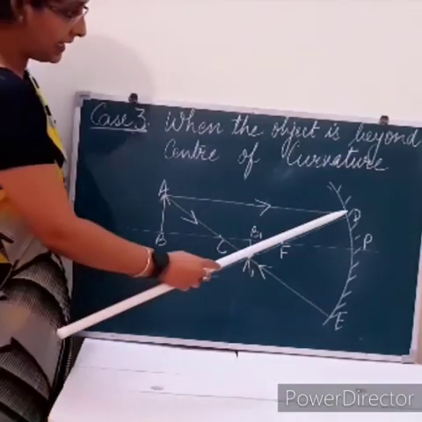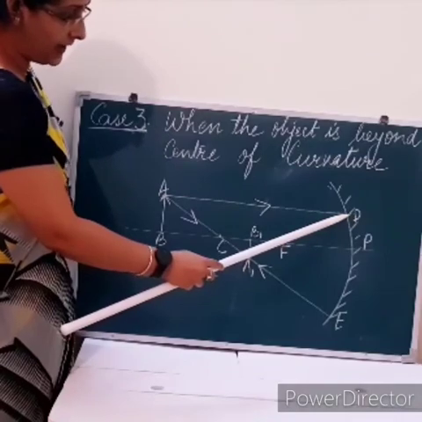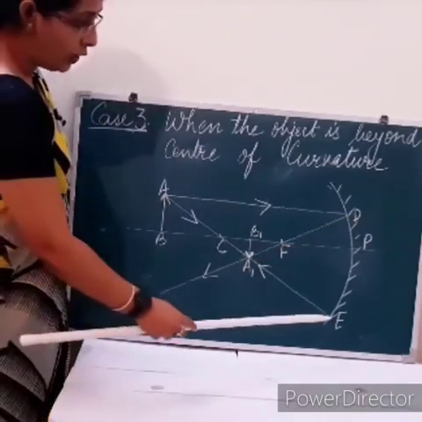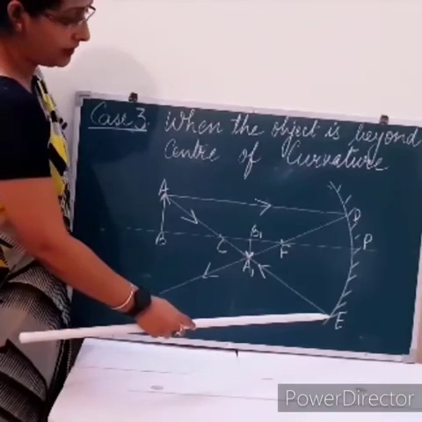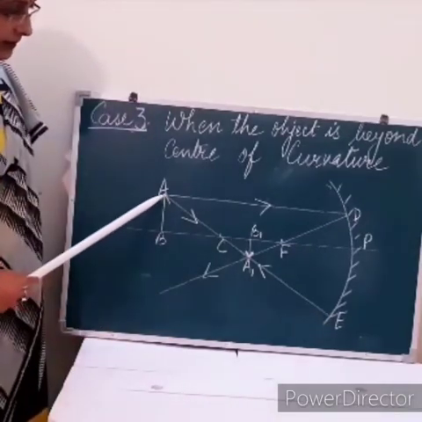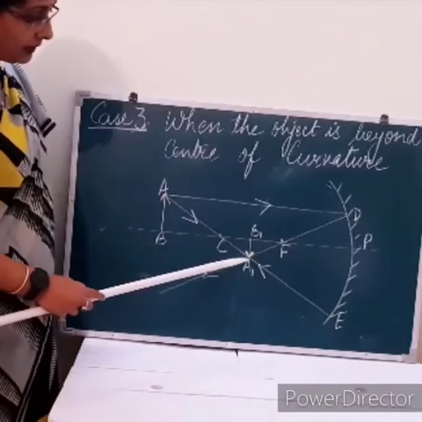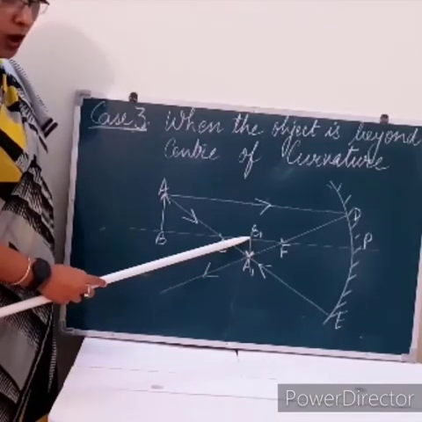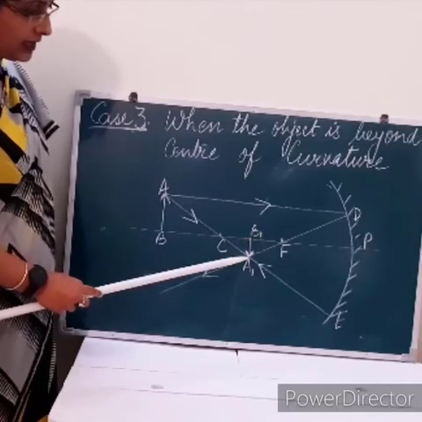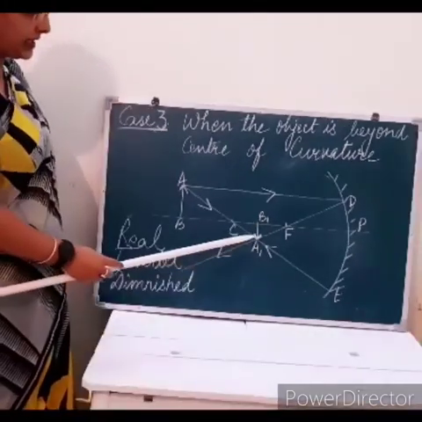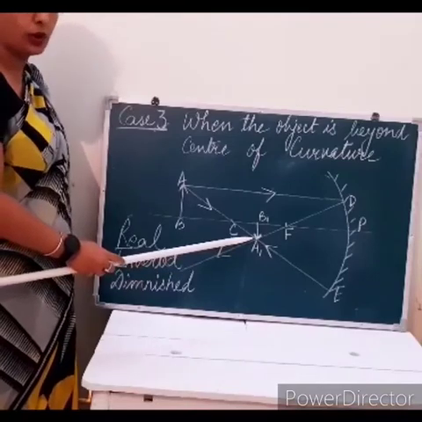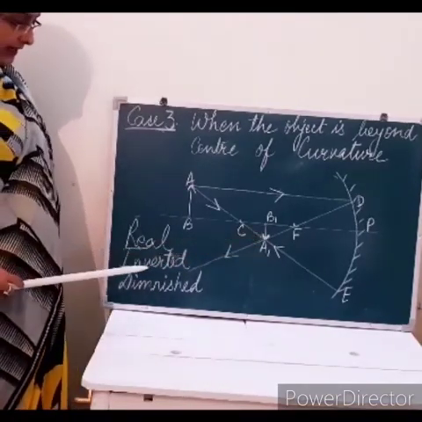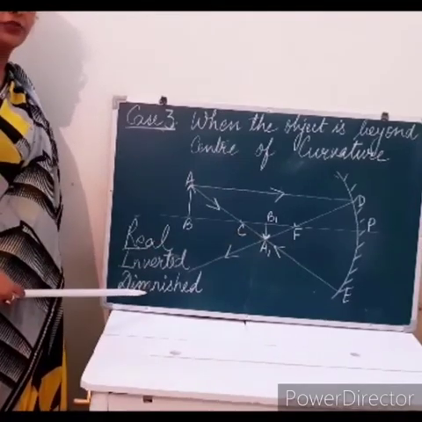So the ray AD will reflect and pass from focus, and the ray AE will strike the mirror and will be reflected back in that same path. These both rays will be intersecting at A1 and the image of the object will be formed as B1A1. You can see here the image formed is small. So the characteristics of the image will be real, inverted and diminished.